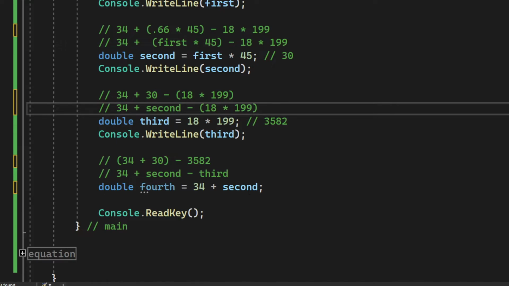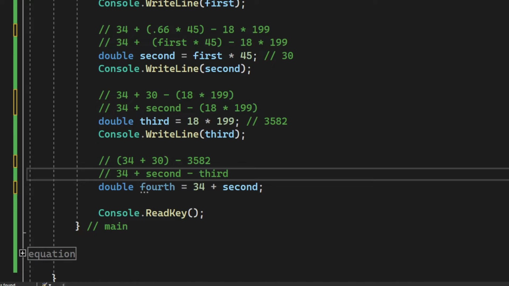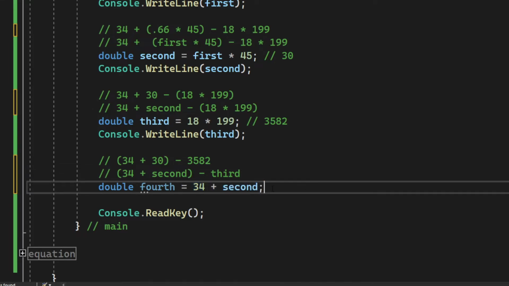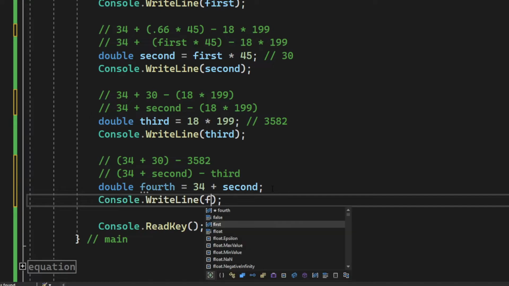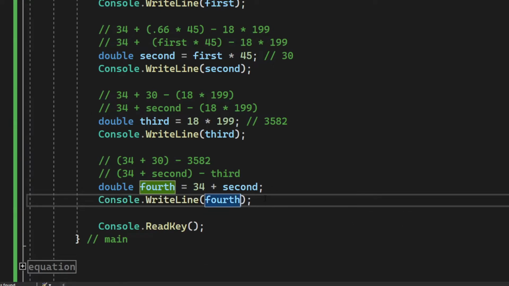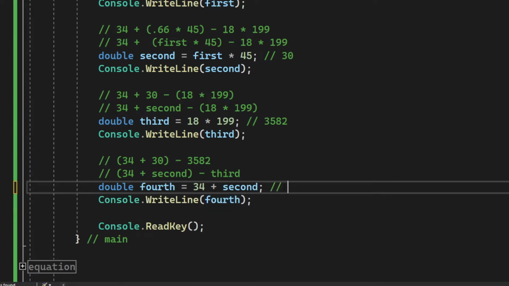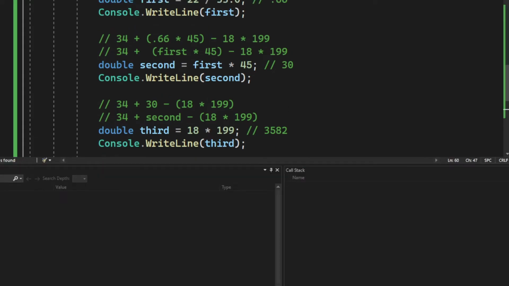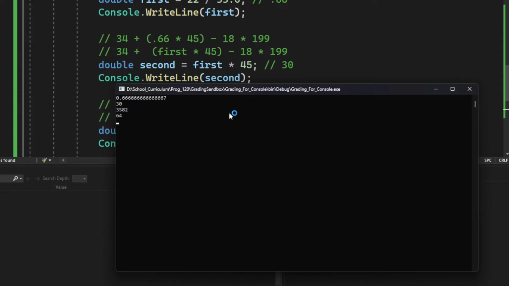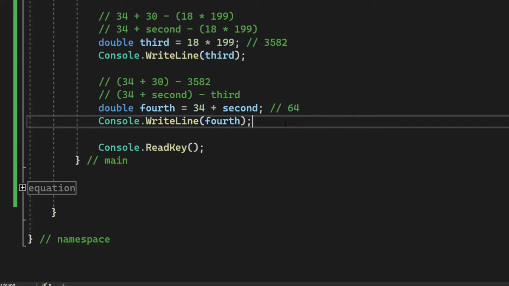All right. Now we're doing 34 plus our second variable here. So 34 plus second. Let's go ahead and display the result. And we know what it should be. I'm actually even going to write that down here, because if it works out properly, we see we have 64. That's perfect. So far, so good.